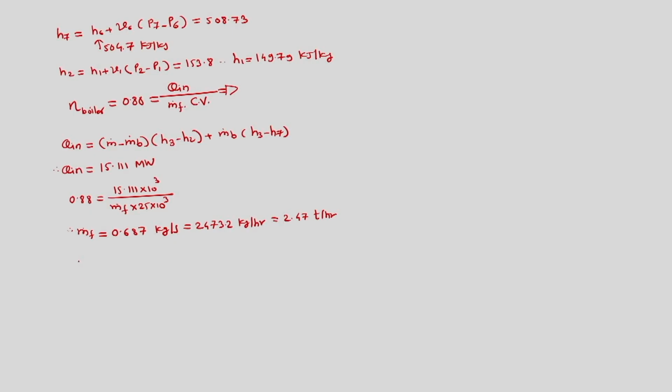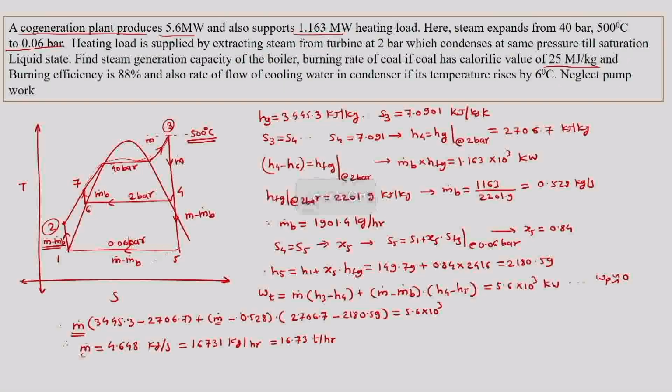Now, having solved for the fuel, we have to work for the cooling water which is used in the condenser. So we are losing heat, as the mass m dot minus m dot B passes in the condenser from 5 to 1. So m dot minus m dot B loses its enthalpy from 5 to 1, and that is a source for the cooling water, where cooling water gets heated.